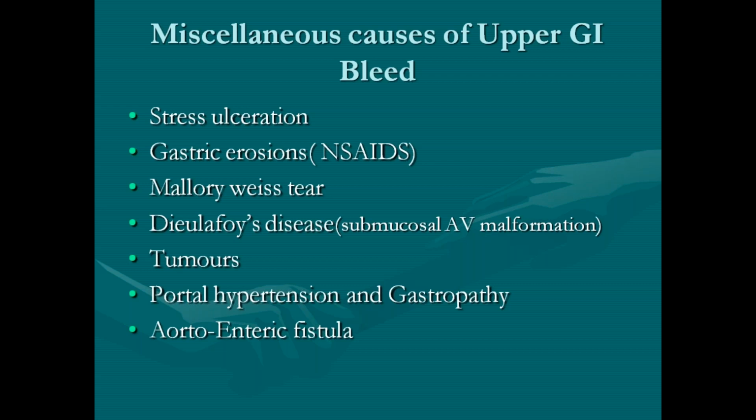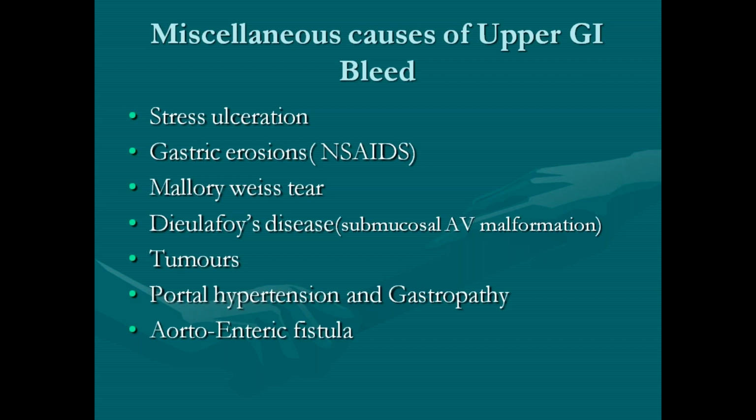Then coming to tumors. Most of the gastric tumors can present with acute or chronic bleeding. Mostly stromal tumors may present with hematemesis or melena. Why?